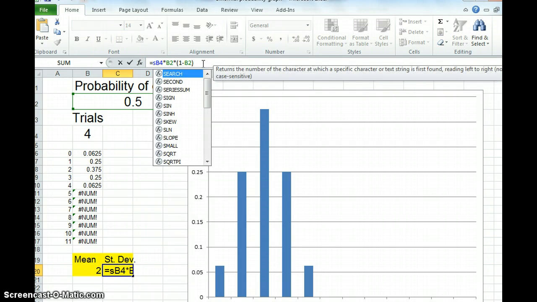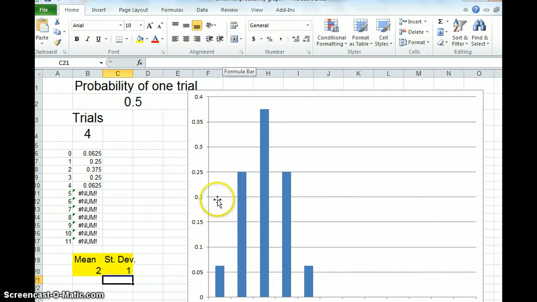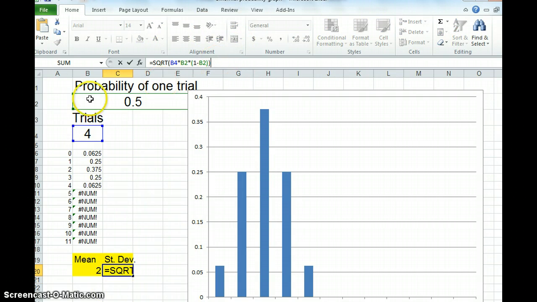So SQRT bracket, bracket, bracket. But because the square root of 1 is 1, I luckily got the right answer down here. And that's what we did on Thursday. Make sure you catch up with page 150 and 151.